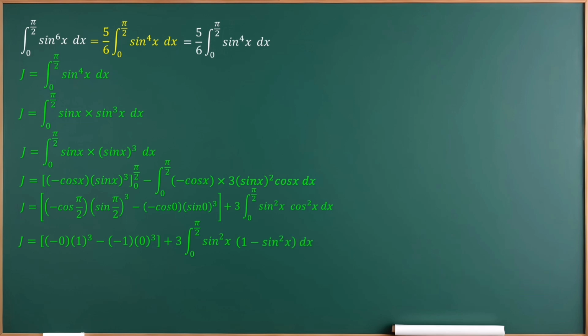After that, we can get J equals 0 minus 0 plus 3 times integral. We can remove the brackets and get the result sin squared x minus sin to the power of 4x. Now we can consider the integral sign separately.